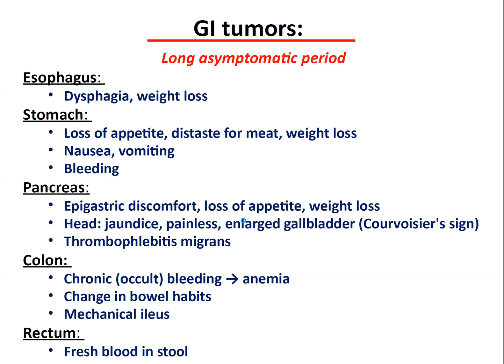The increased distension of the GI tract causes increased peristaltic activity, and diarrhea usually follows the obstipation period. Mechanical ileus can develop, and rectal tumors usually manifest as fresh blood in the stool.